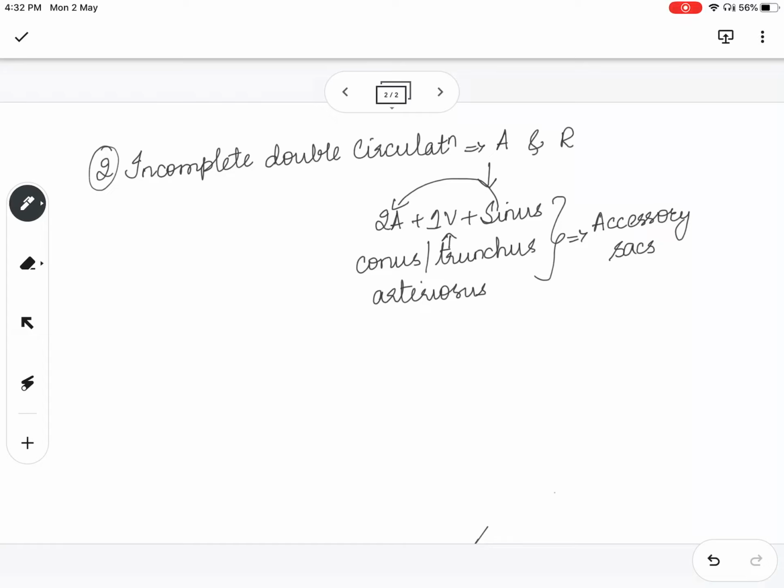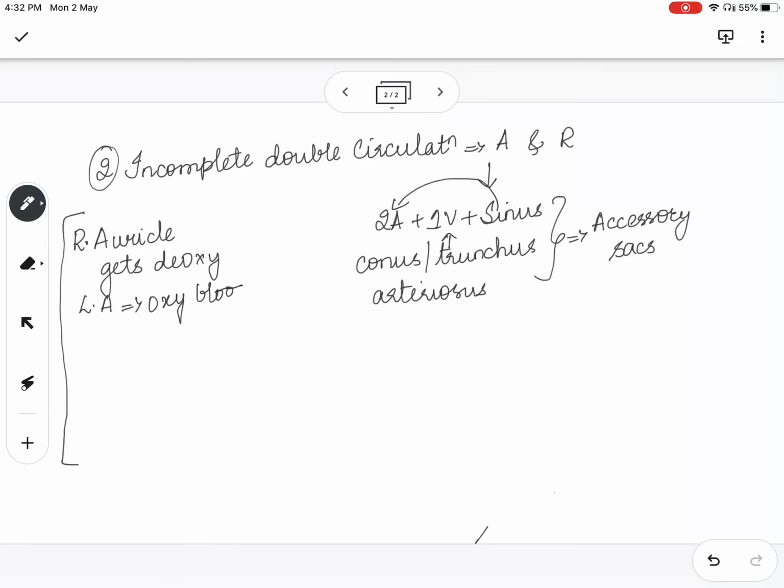Now, why is it called incomplete double circulation? In reptiles and amphibians, the auricles are divided into two, right and left. This is very important: the right auricle gets deoxygenated blood and the left auricle gets oxygenated blood from the body. But there is only one ventricle present.